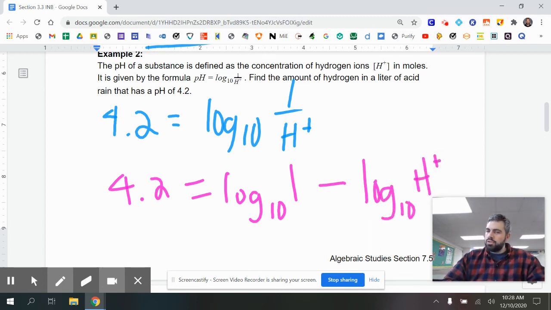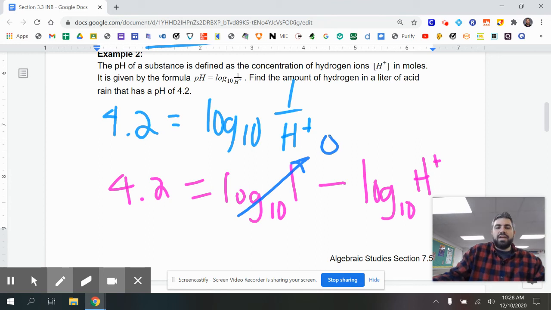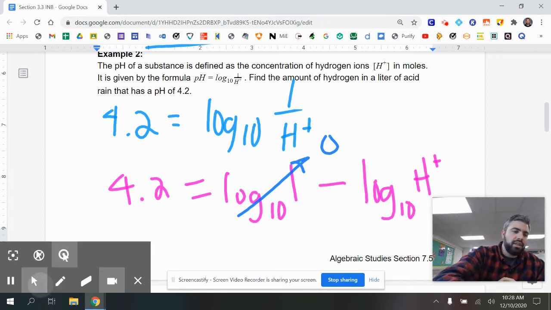Thinking about that, we just said at the beginning of the video that log base anything of 1 is really just 0, because 10 to the 0 equals 1. So that actually just becomes 0.